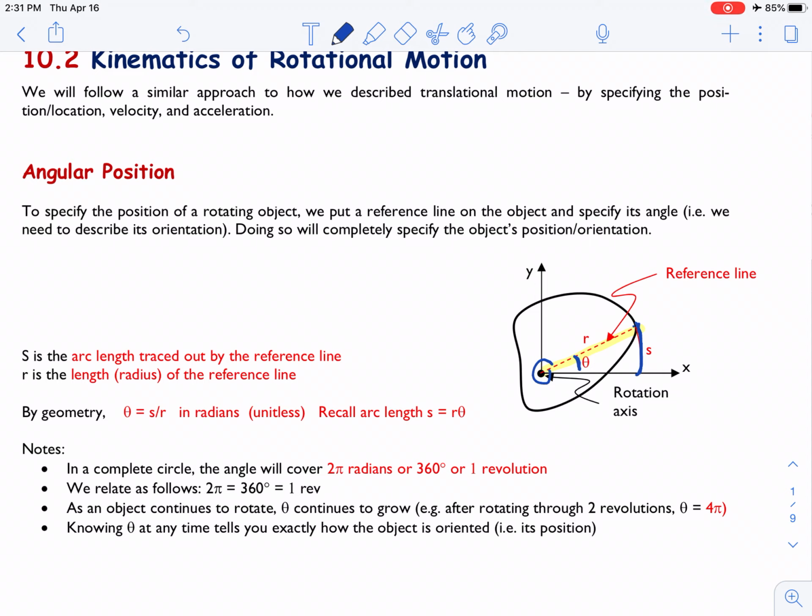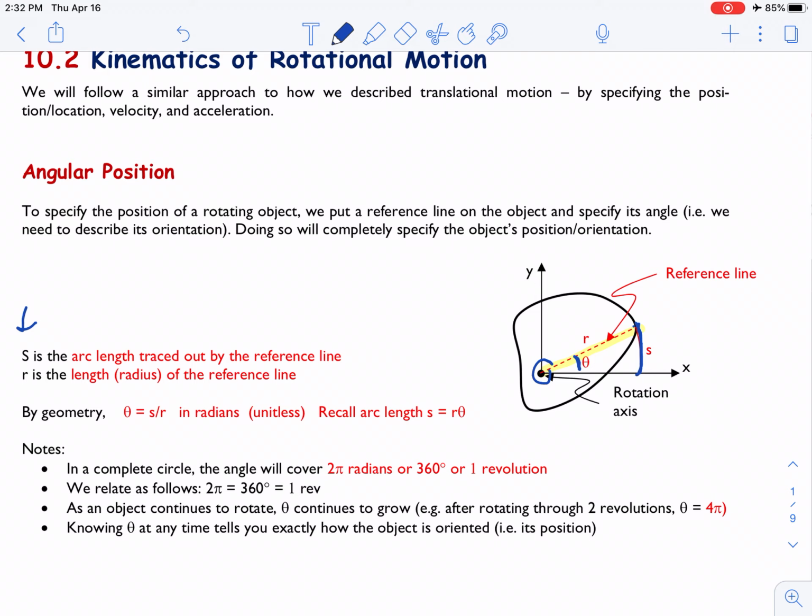Okay, because your rotation axis is fixed, R is fixed, and when you rotate that, it creates an arc length. So S is the arc length traced out by the reference line, and R is the length or the radius of the reference line.